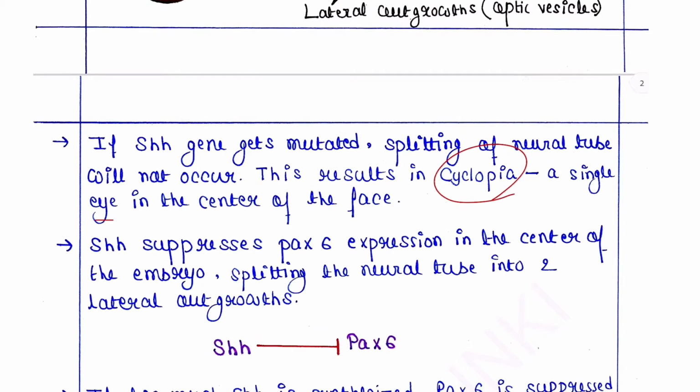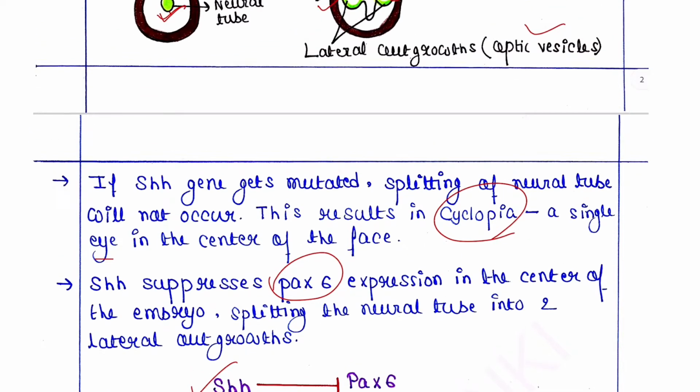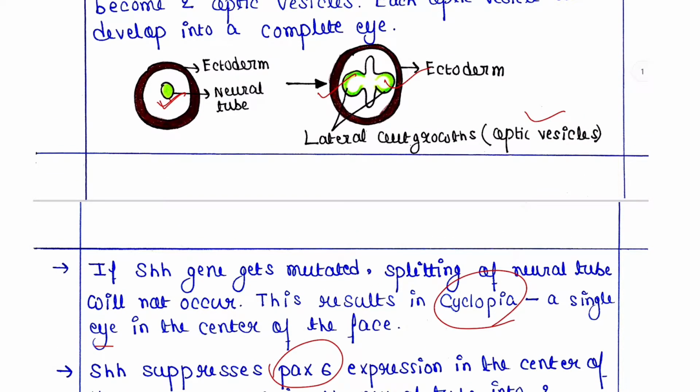Now SHH suppresses PAX gene expression. SHH suppresses PAX gene expression in the center of the embryo, splitting the neural tube into two lateral outgrowths. Because in this area, the PAX gene expression is getting suppressed by the SHH gene.